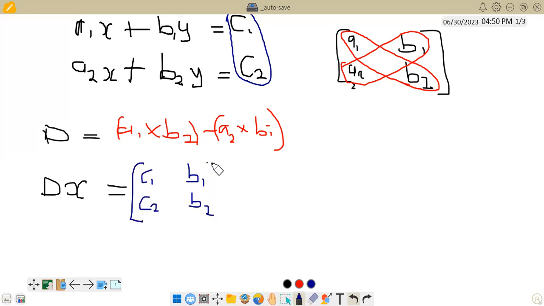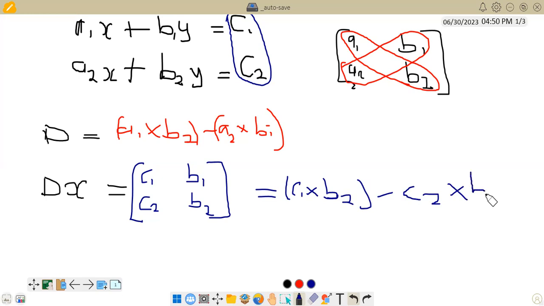So from here, we can calculate the determinant of this, which will be c1 multiplied by b2 minus c2 times b1. So when we multiply c1 by b2 minus c2 by b1, we're going to get Dx.